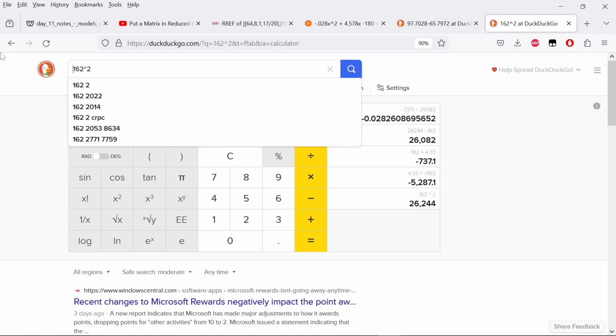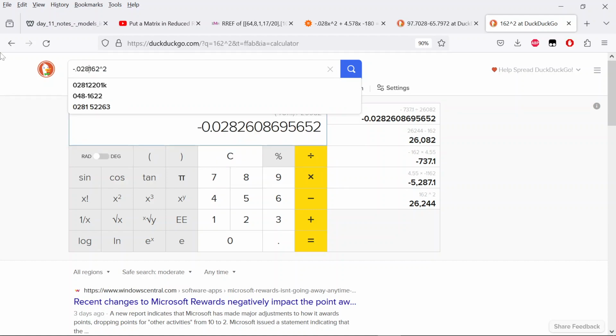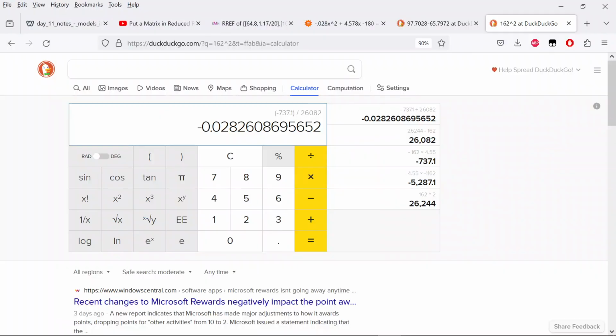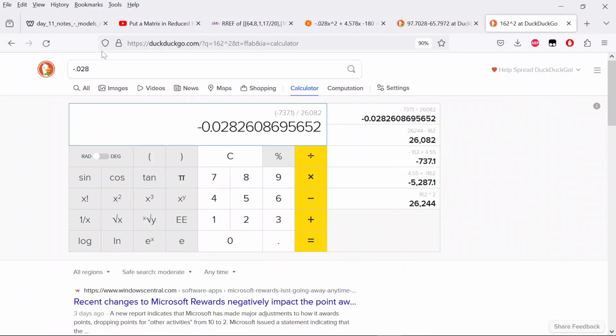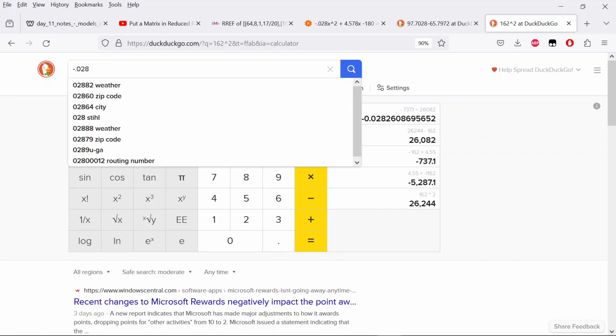You can type this on your calculator. Make sure you keep everything in good parentheses so that you group things the way they're supposed to be, and you do the proper order of operations. Negative 0.028 times 81 squared.